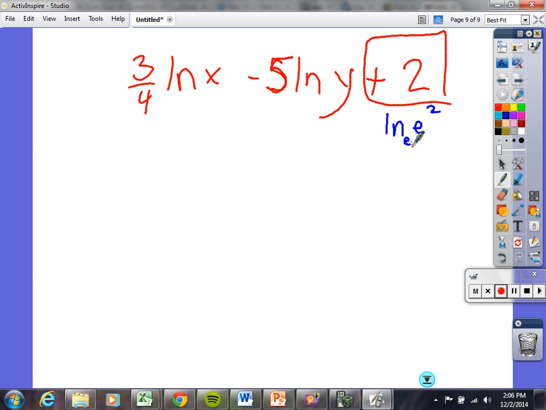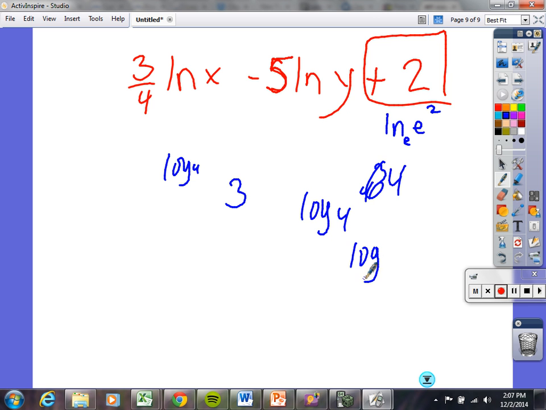So for example, if I wrote 3 and it came from log base 4, let's just assume. Okay? So what is that? That's log base 4 of 4 cubed, 4 to the 3rd is 64. Does it make sense? Okay, and the reason being is if you ever have this base and this base the same, here's your answer. Because 4 to what power is 4 to the third? 3.